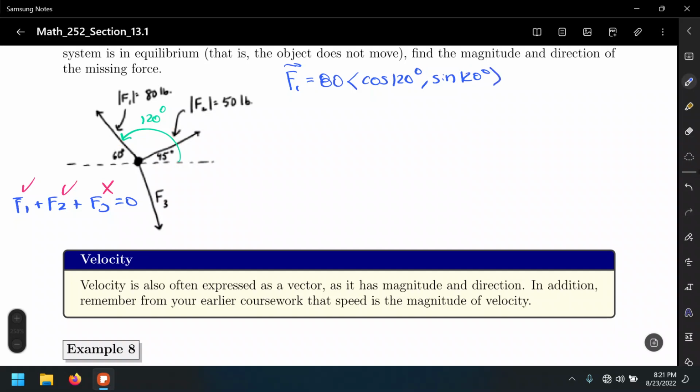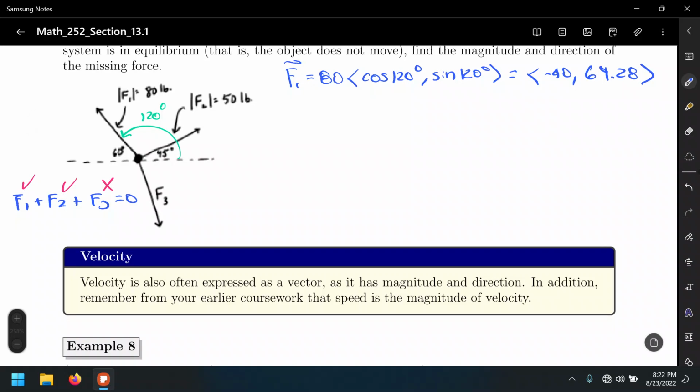And that's the first vector, the first force. Simplifying this, we should get negative 40, comma, 69.28. I'm going to give the results only, since it's just evaluating these trigonometric functions.